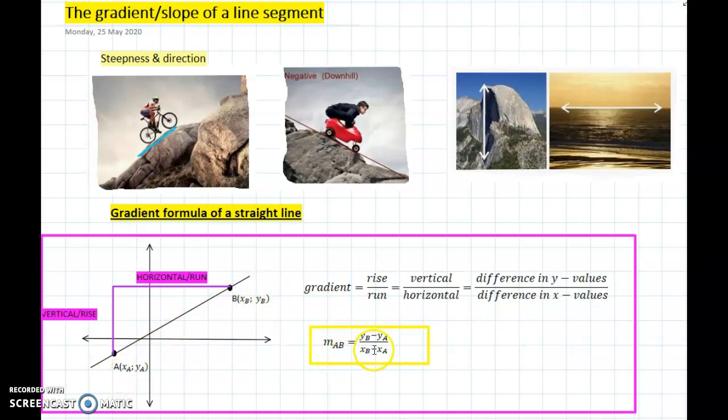Now someone did ask me, does the order matter? No, it doesn't matter. So you could actually say y_A minus y_B, but then you must say x_A minus x_B. What does matter is this order: if you start with that y value, then you must start with its corresponding x value. So that's the definition for gradient: the change in the y over the corresponding change in the x values.